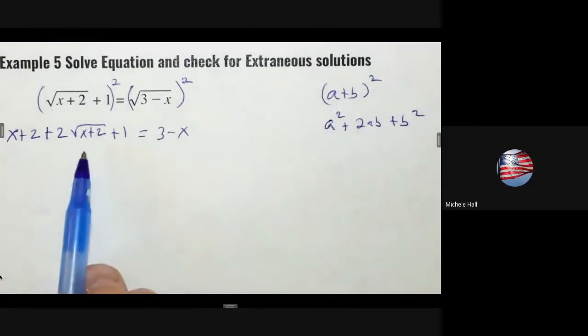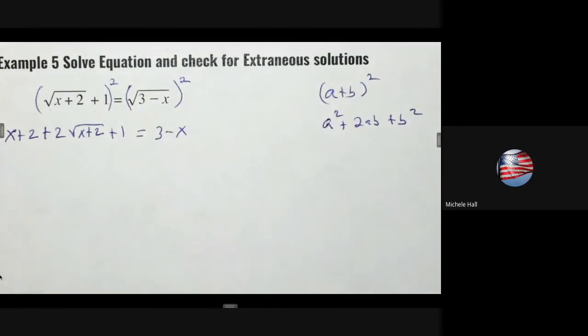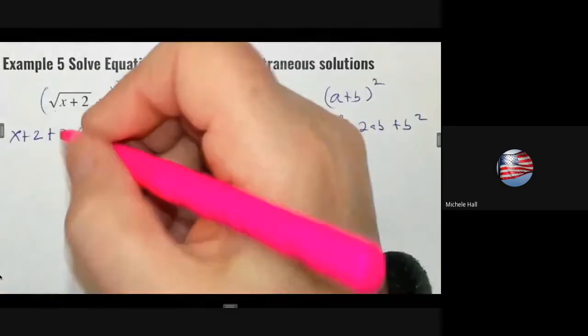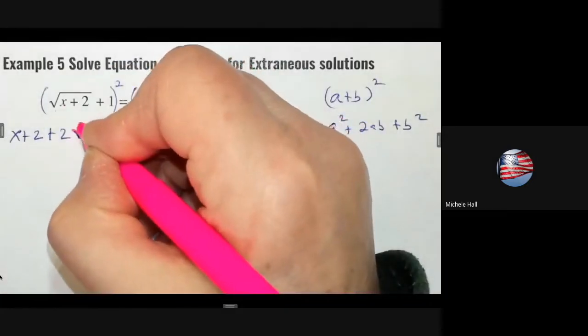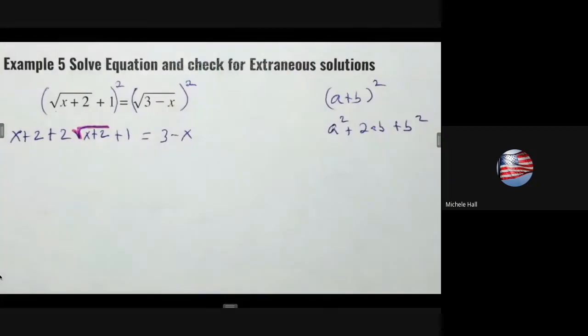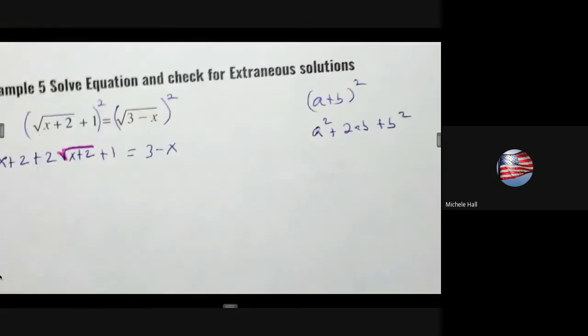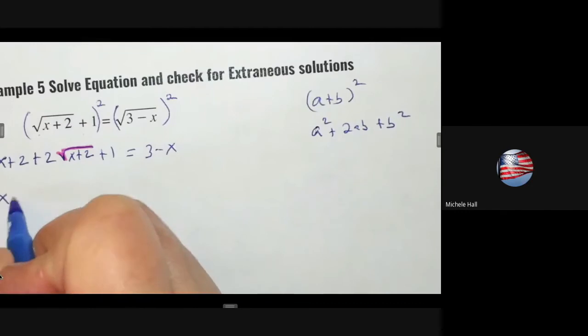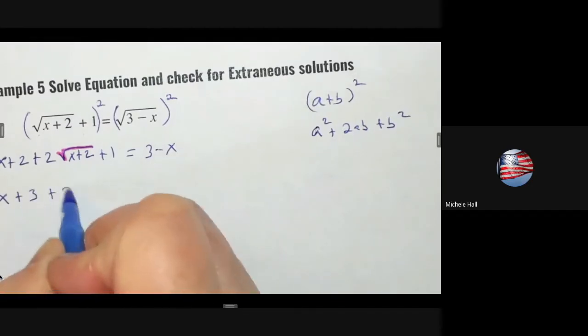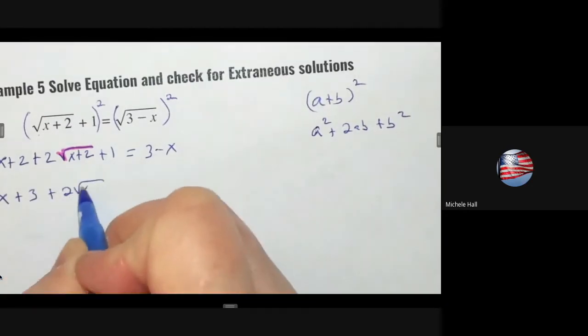And we do have a radicand here that we need to isolate. We need to get everything away from it. All right, so we do have 2 plus 1, x plus 3 plus 2 square roots of x plus 2.